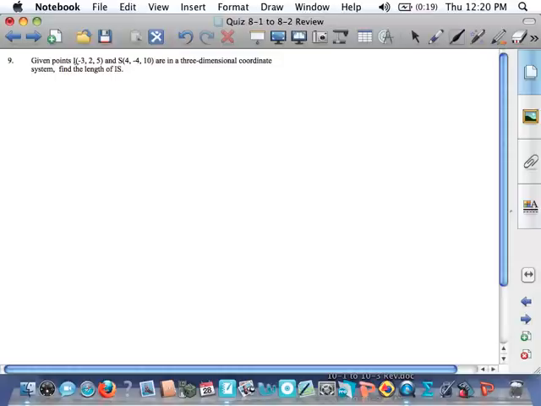Number 9. Here you're just using the distance formula in 3 dimensions. Remember, the distance is equal to the square root of x1 minus x2 squared plus y1 minus y2 squared plus z1 minus z2 squared.